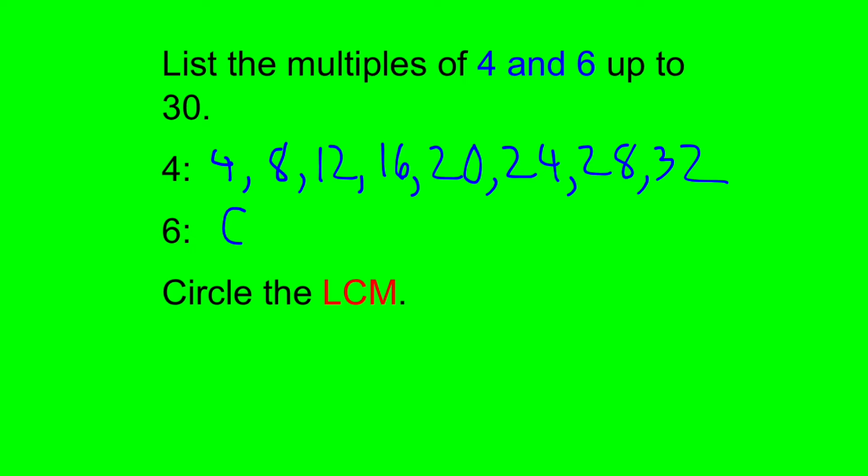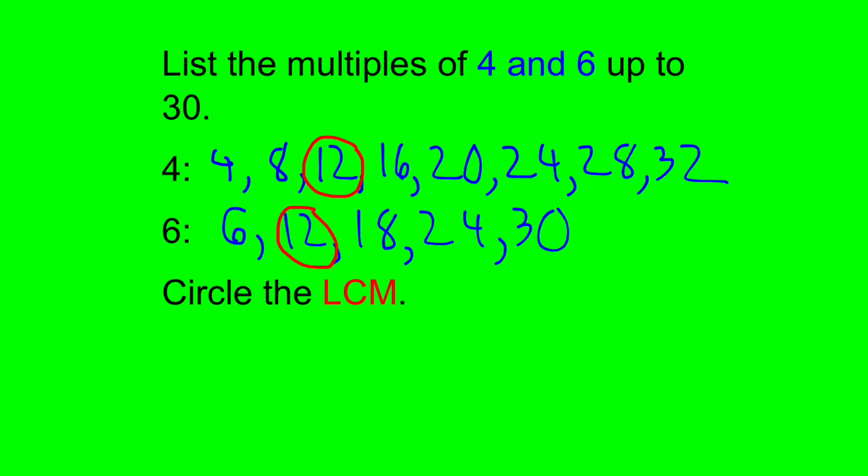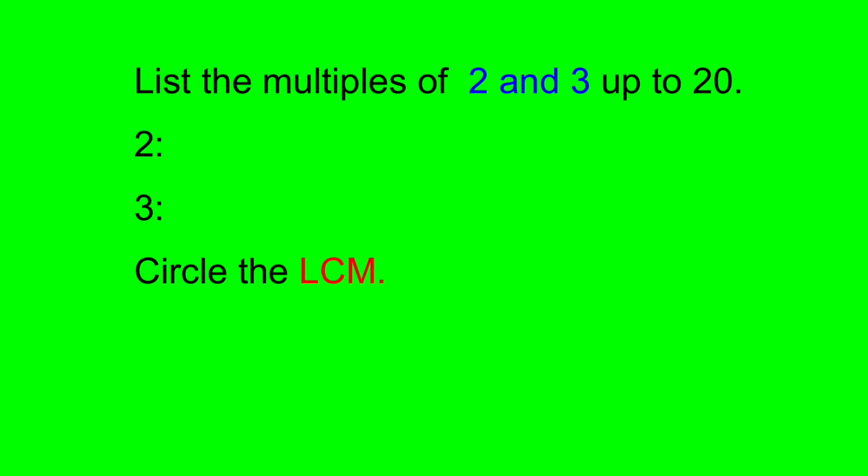And with 6, you would skip count 6, 12, 18, 24, 30. And then the smallest multiple they have in common is 12. The LCM equals 12. So that's the type of work we're doing today.